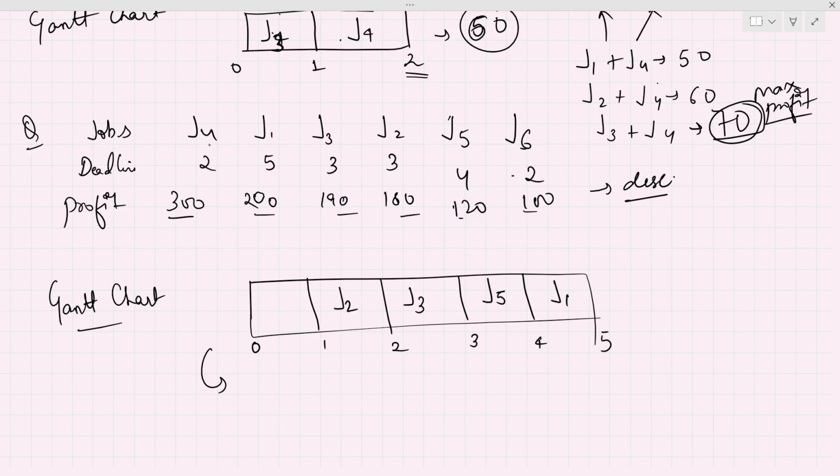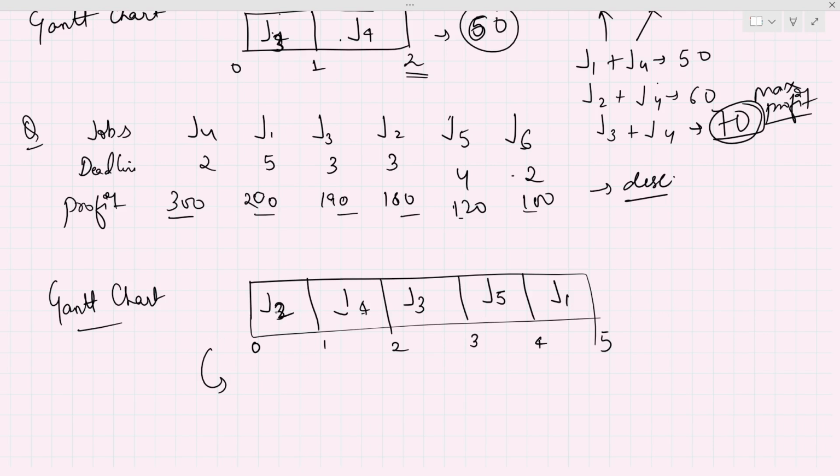Because we have job number 4 whose deadline is 2 and its profit is 300. So we can add job number 2 and job number 4, and job number 4 and job number 3 or job number 2. Okay, so in this way you are going to make a Gantt chart and get a maximum profit.